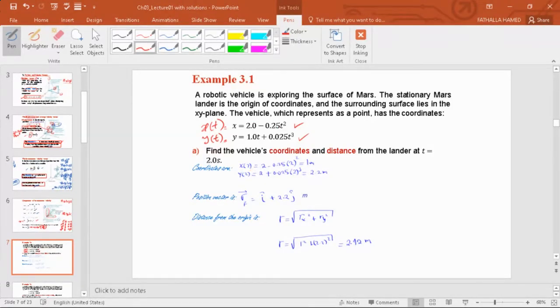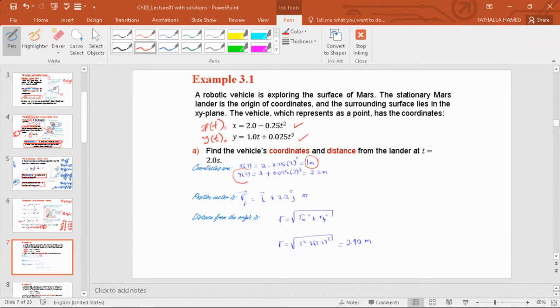Well, 2 stays as it is, but I have 2 squared here, and 2 squared gives me 4, and 4 times 0.25 will give me 1, and 2 minus 1 will give me 1 meter. So that's basically your x at 2 seconds.